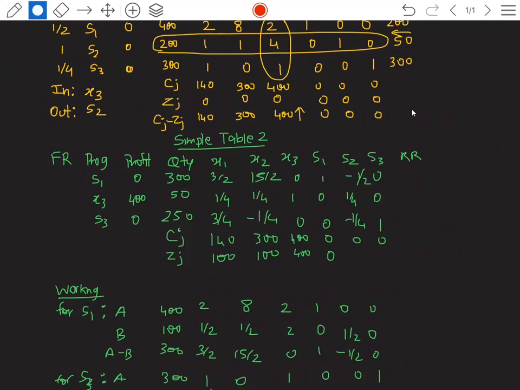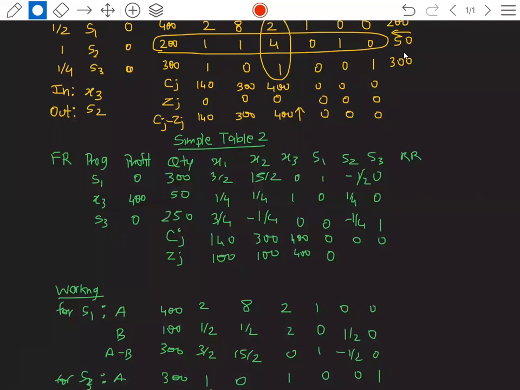Okay, if we simply do that, after that, if we look at it, we get this to be 0 into minus half, 400 into 1 by 4, 0 into -1 by 4.